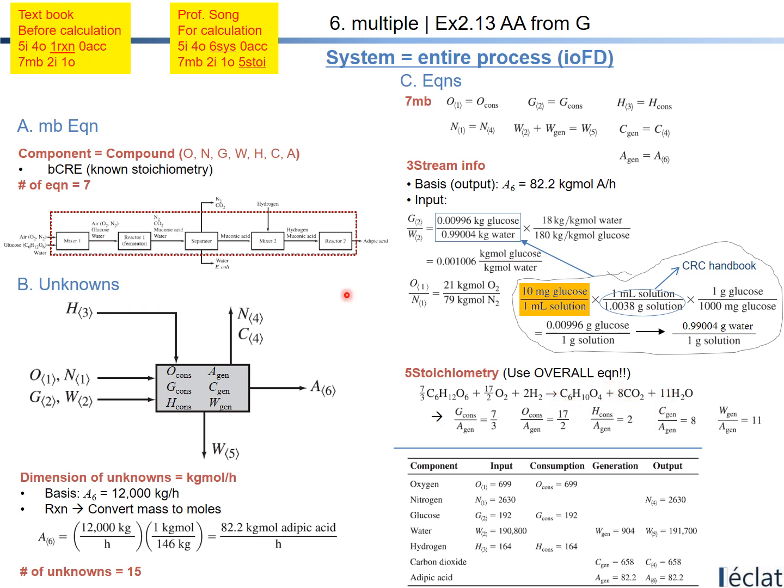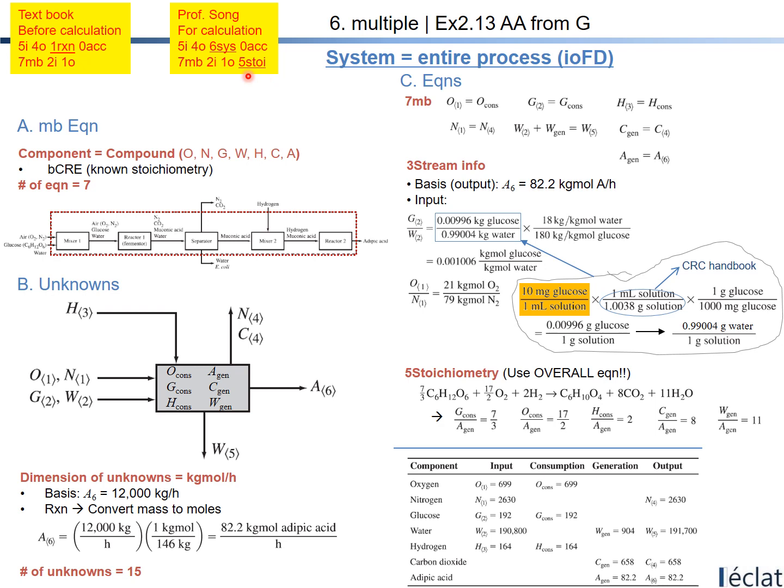It means n-1 relationships could be obtained for relating between consumption and generation terms. So you have 5 equations. So 5 stoichiometric coefficient relations. So again, the number of unknowns is 15, and also the total number of restrictor equations is 15. So 15 minus 15 is equal to 0. You can solve this problem.